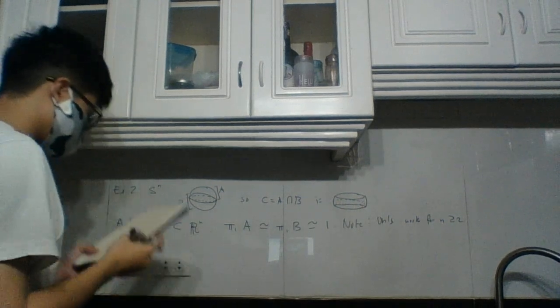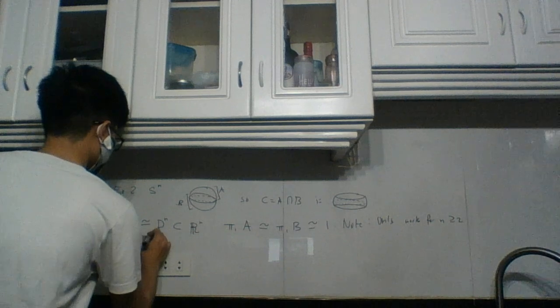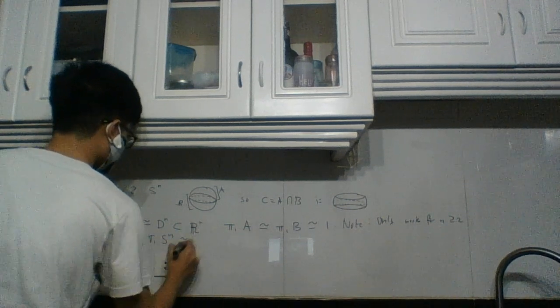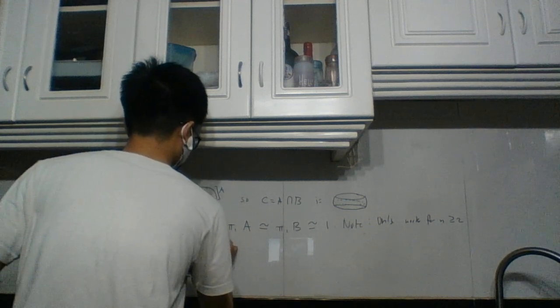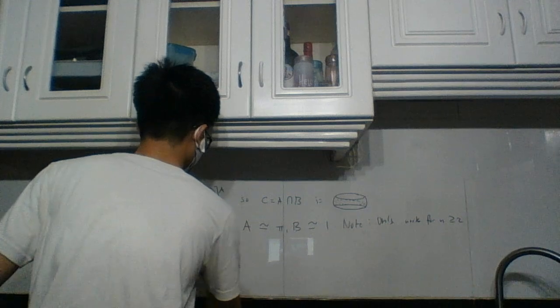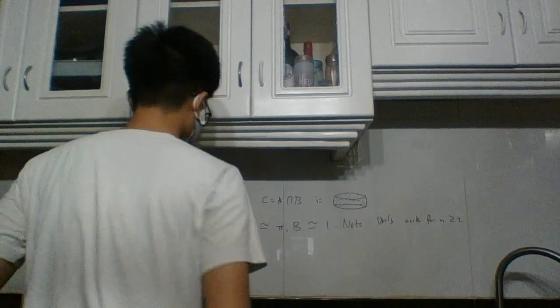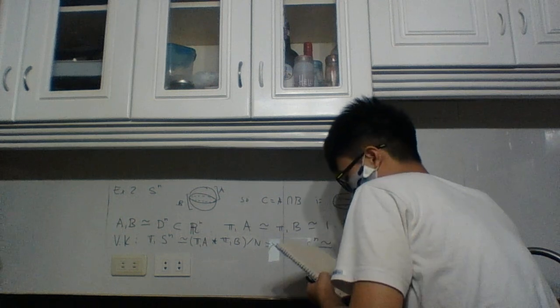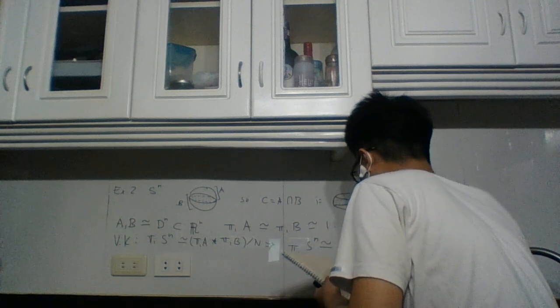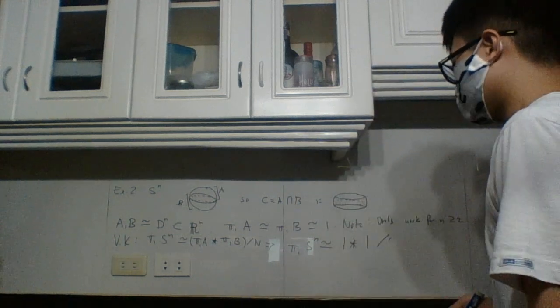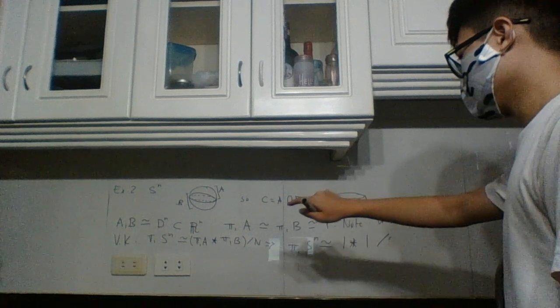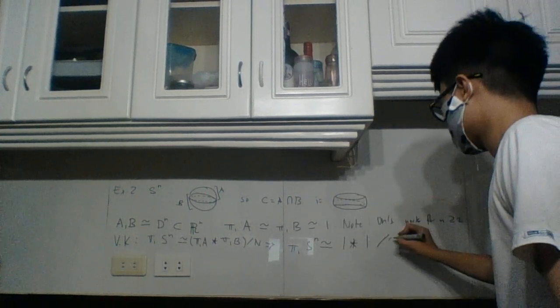Van Kampen tells us that the fundamental group of Sn is isomorphic to the fundamental group of A free product the fundamental group of B mod N, which becomes 1 free product 1 mod N. Well, N is this C here, and C is this section here.